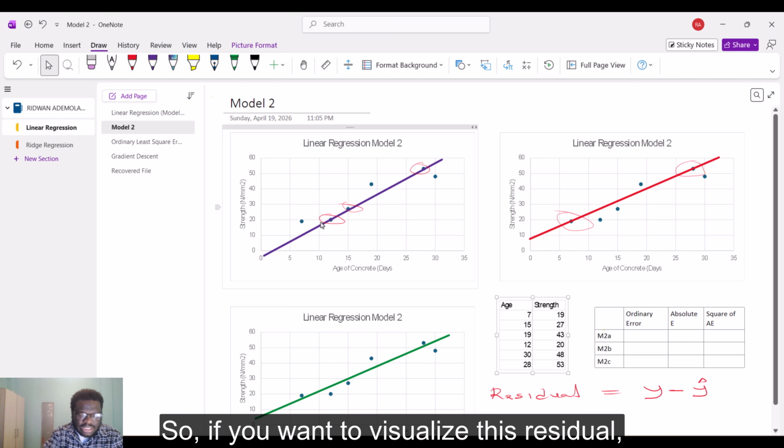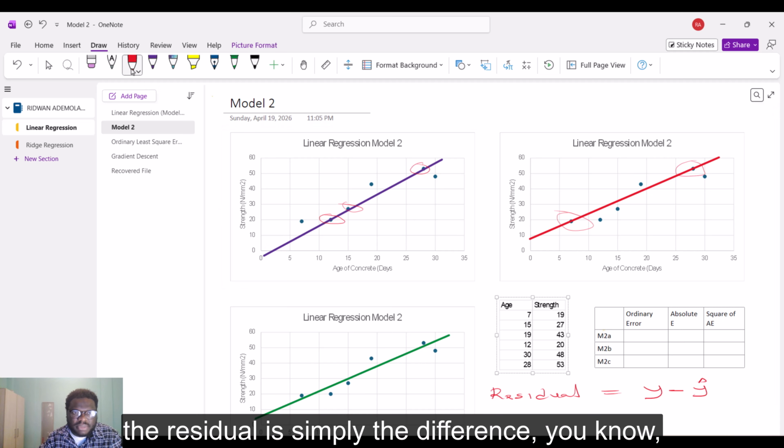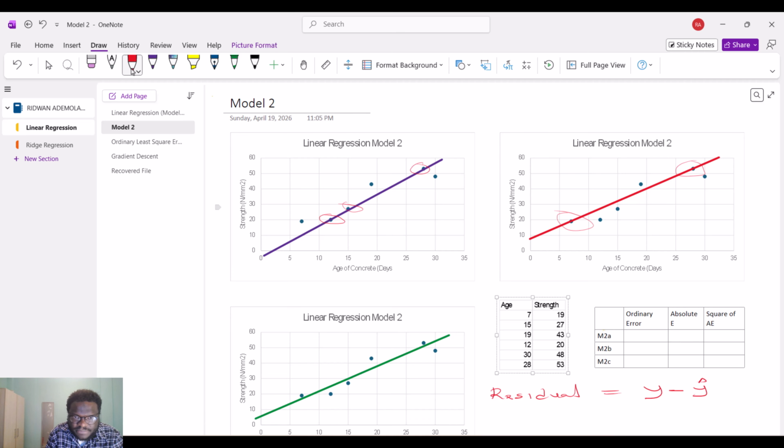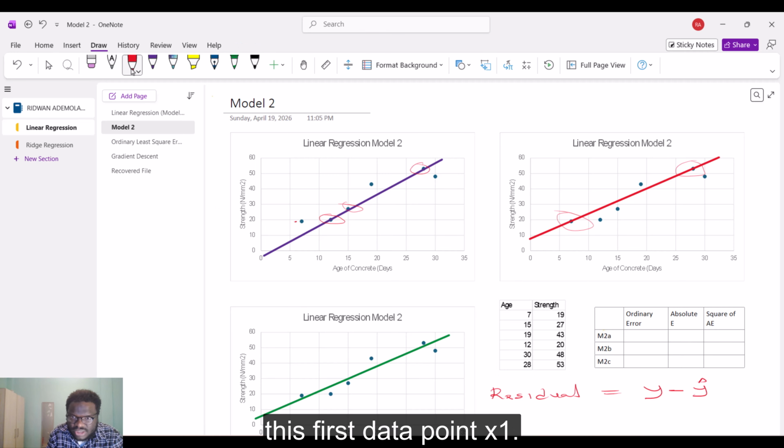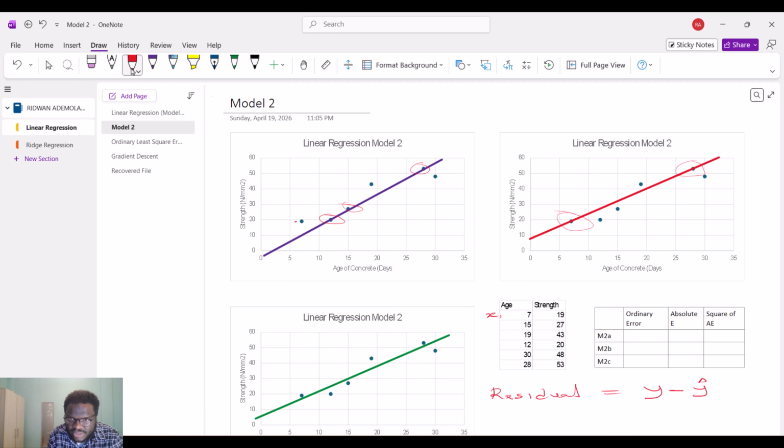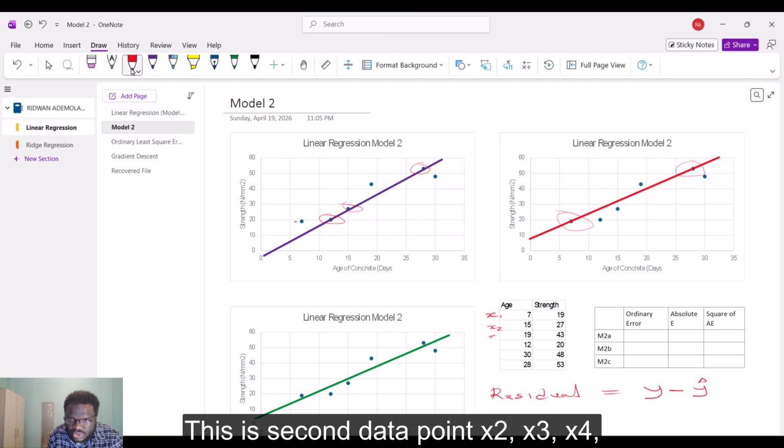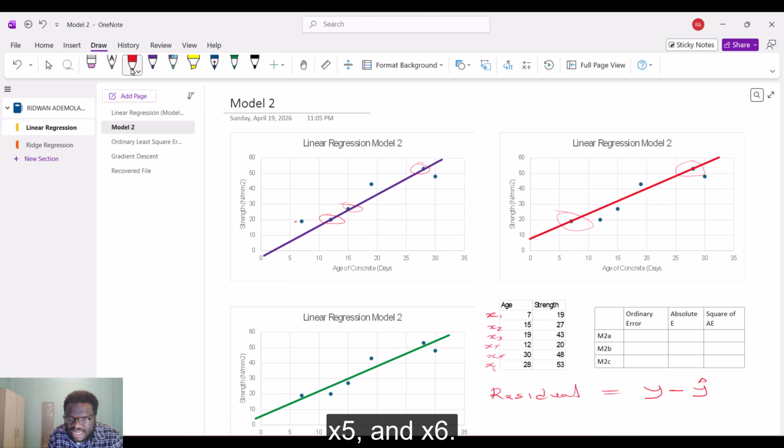If you want to visualize this residual, the residual is simply the difference. This is the measured value here, right? This position here is the measured value for this first data point, x1. This is second data point, x2, x3, x4, x5, and x6.